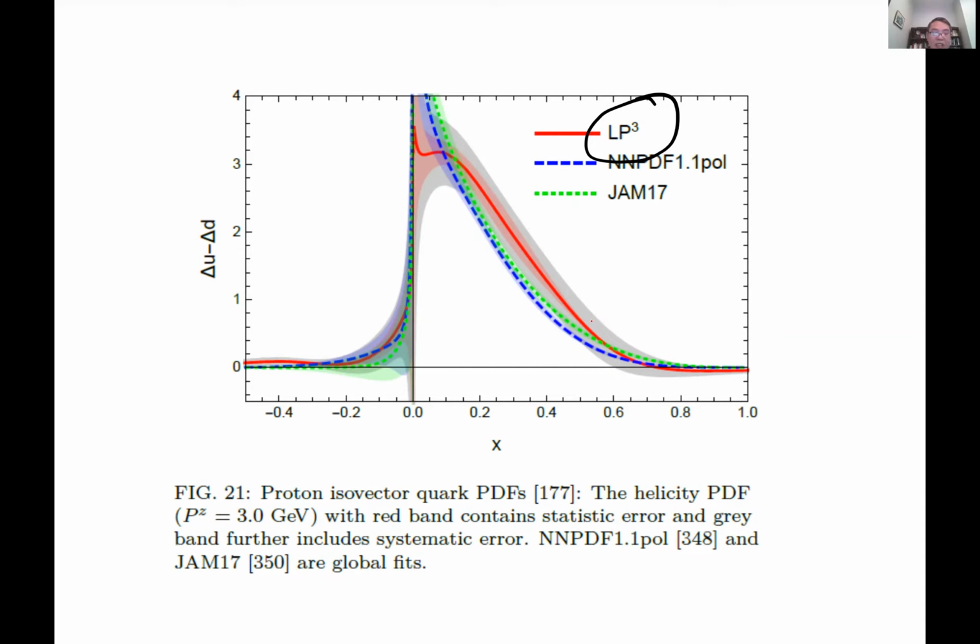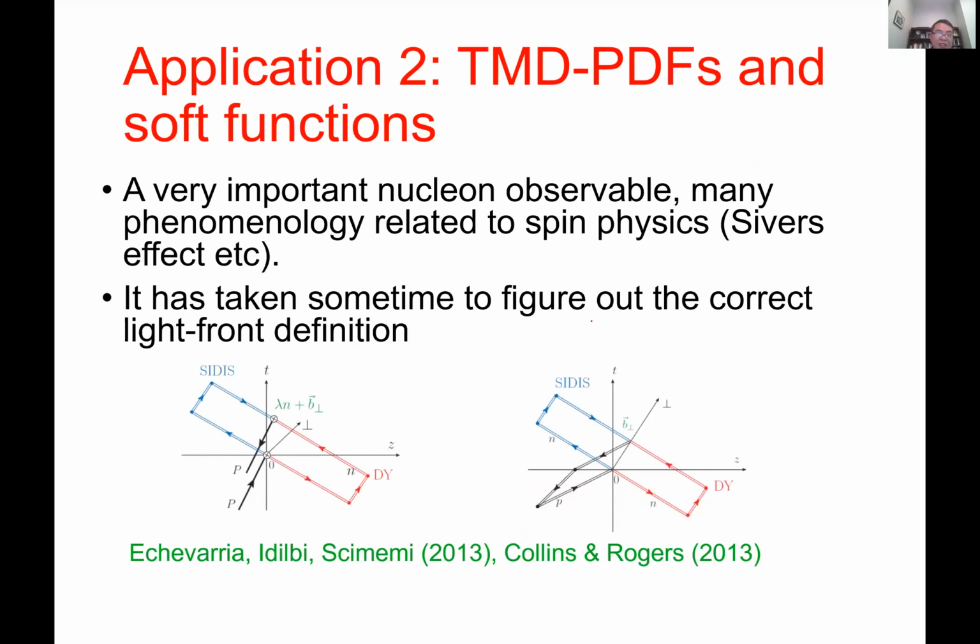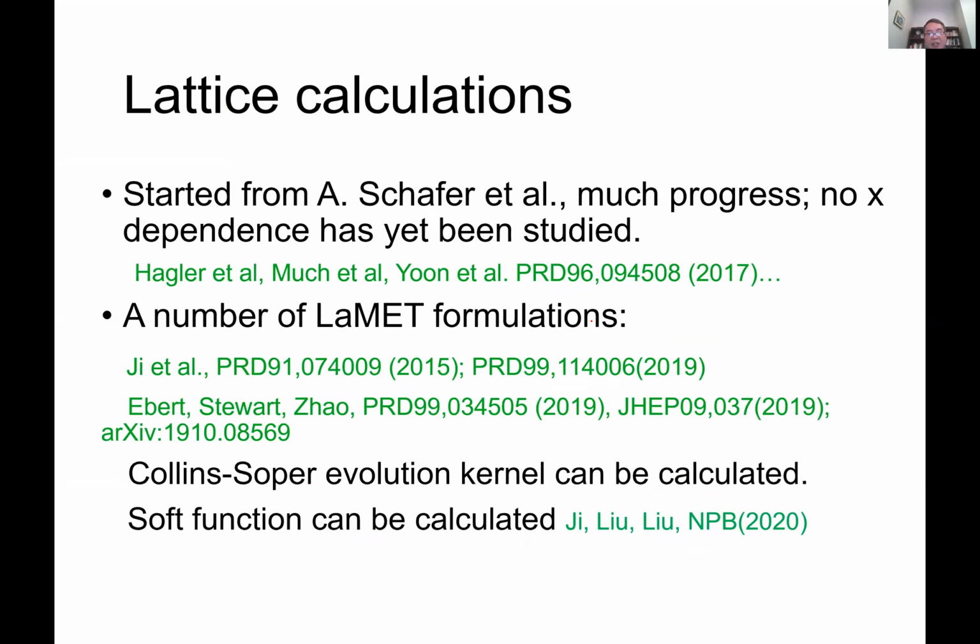And it took years for people really to figure out the correct light front definition of the TMD-PDF. Xiangdong Ji and others have done a lot of work calculating this to high order in perturbation theory. People have also been busy trying to figure out how to calculate this on the lattice.